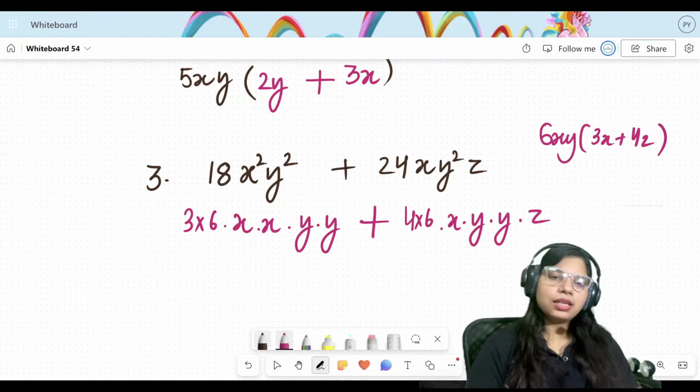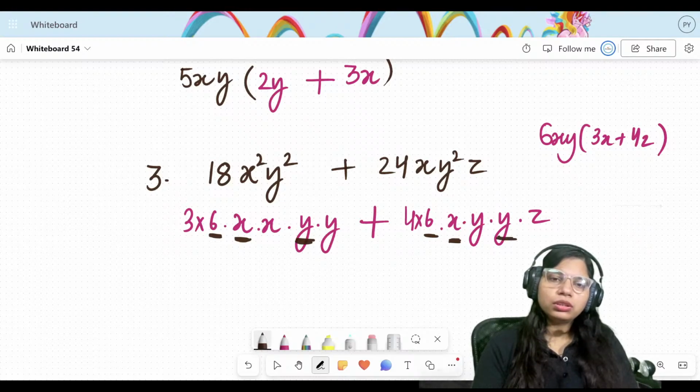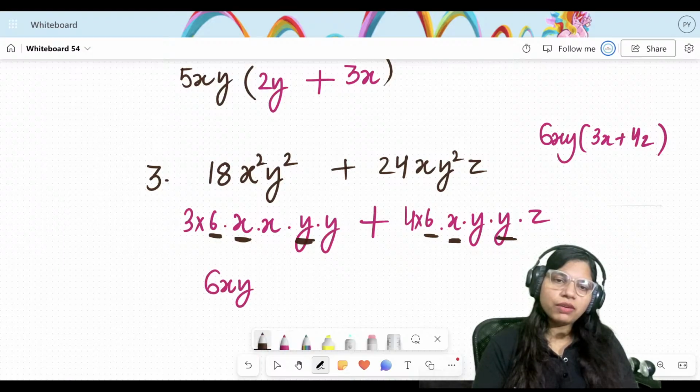Okay, let's underline. So we have 6 and 6 common, we have x and x common, we have y and y common, right? So let's write down what's common outside: 6xy. What are we left with?